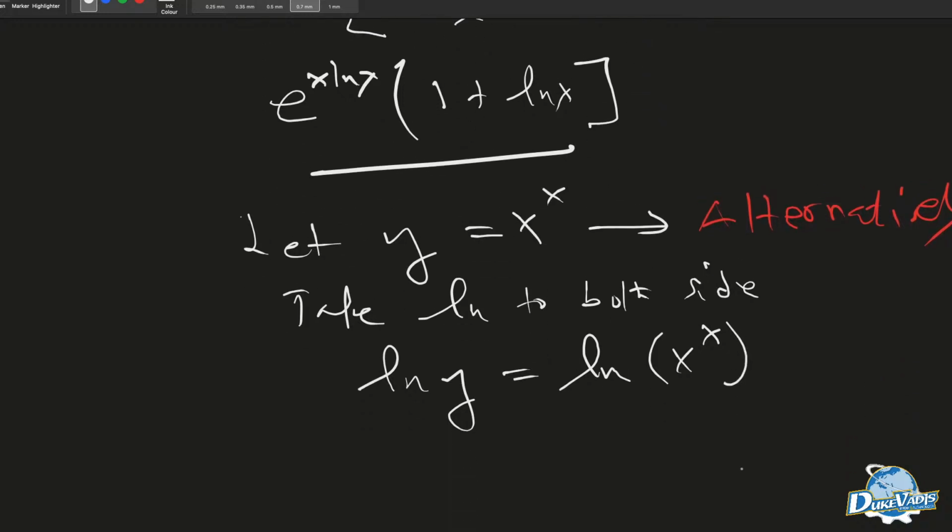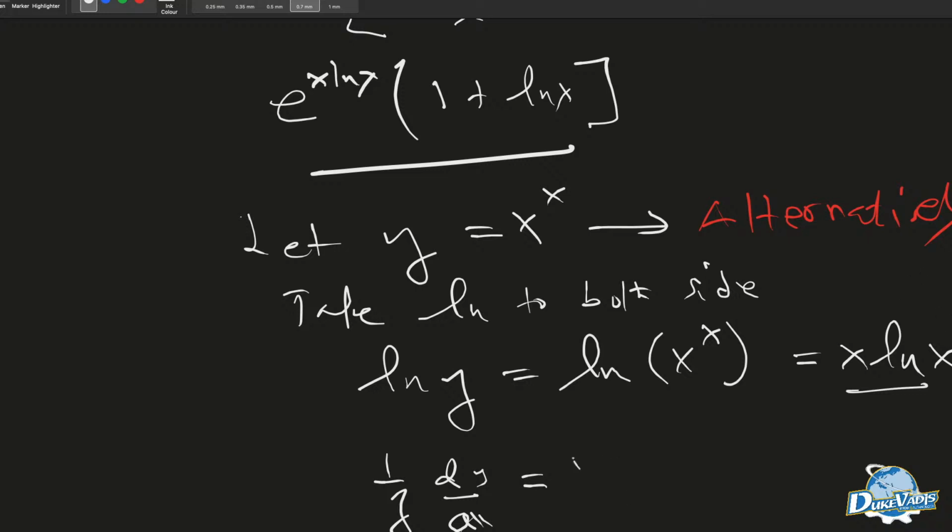When we work it out, this will be 1 over y dy/dx, which is equal to a product. This can also be written as x natural log of x, so we can use the product rule to break it down.